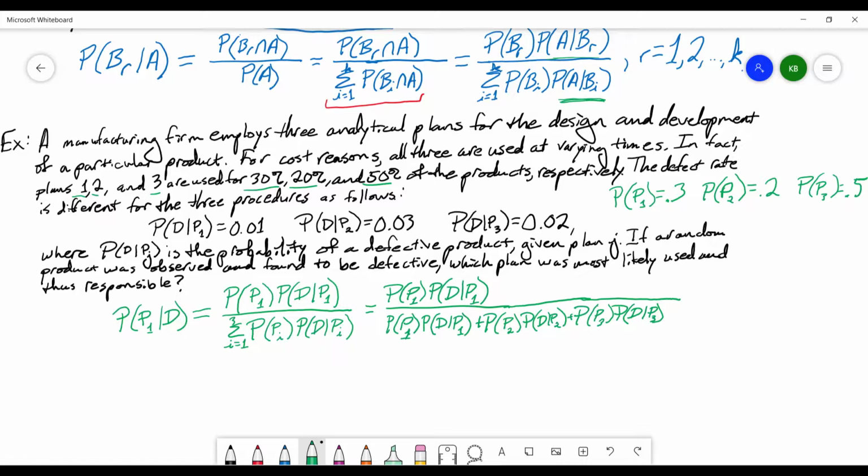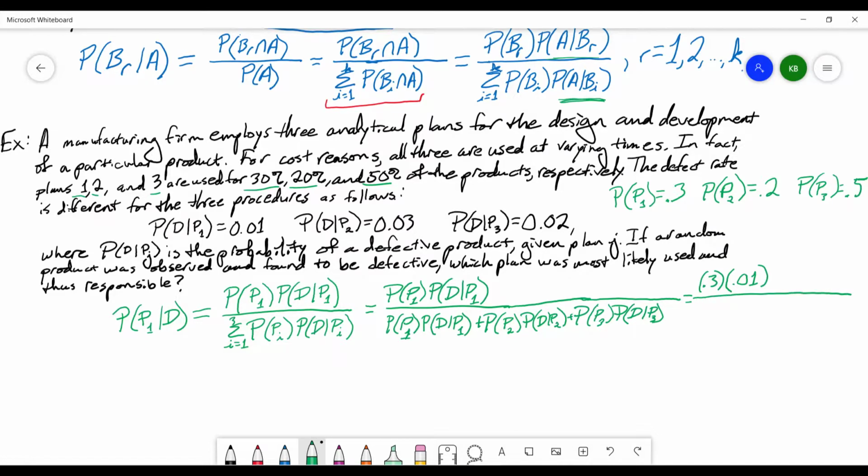So I can plug in values now for each of these. I find that the probability that plan 1 was used is 0.3 times the probability that it's defective given that plan 1 was used, which was 0.01. So that's my numerator.